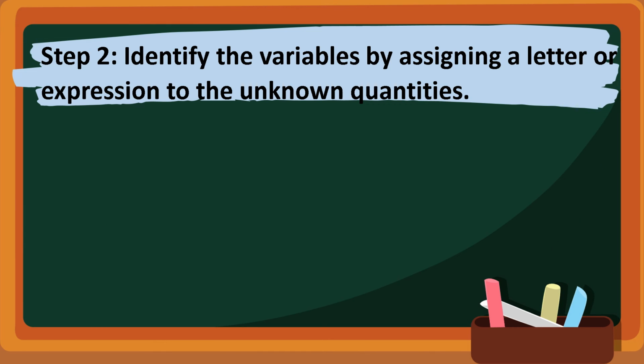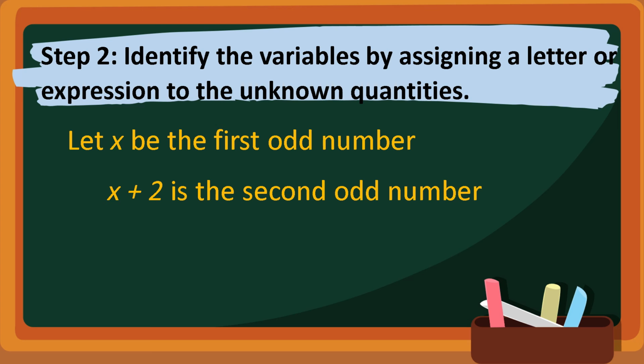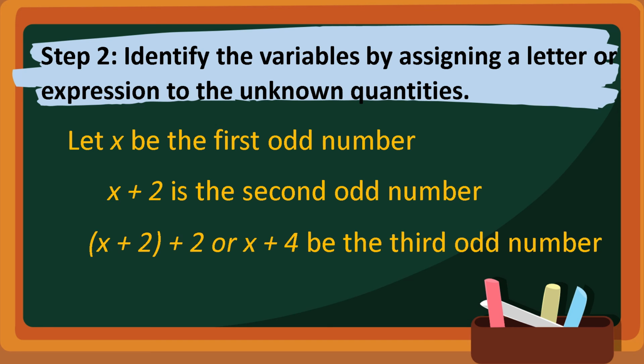Step 2. Identify the variables by assigning a letter or expression to the unknown quantities. The difference between two odd numbers is 2. Let x be the first odd number. x plus 2 is the second odd number.